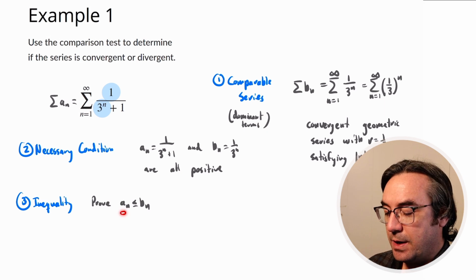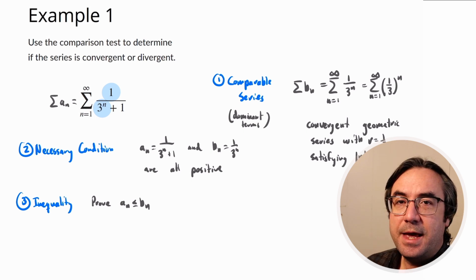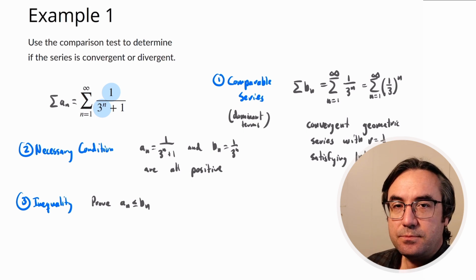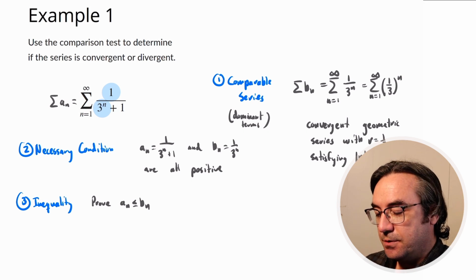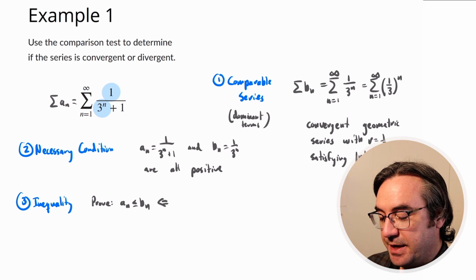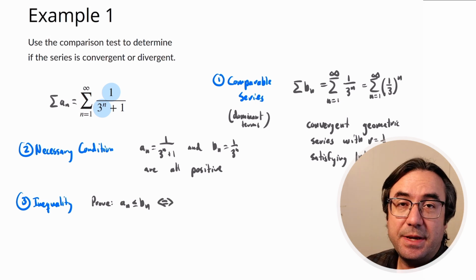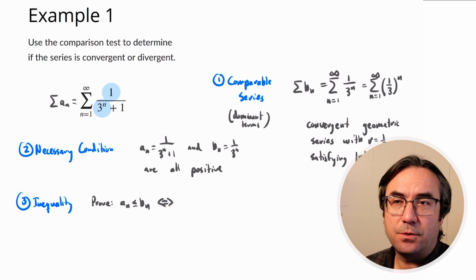So how do you prove an inequality? Well, basically, you start with what you want to prove, and you simplify it until you get down to something that's obviously true. So let's start by filling in what we know an and bn actually are. And I'm using this logical equivalence, if and only if.